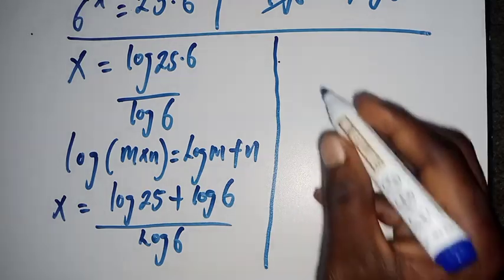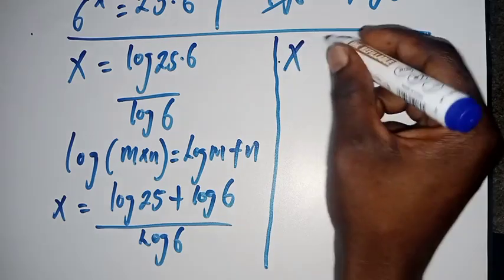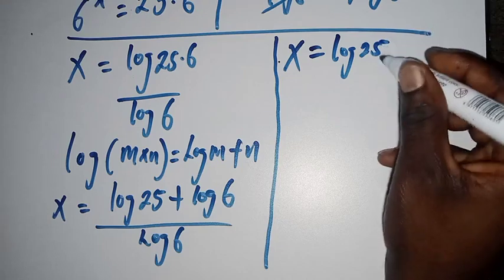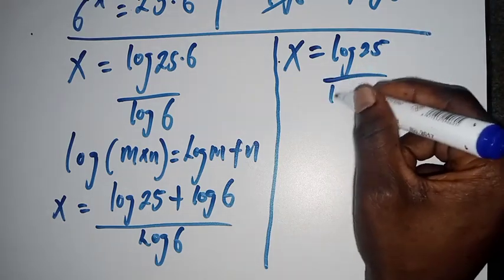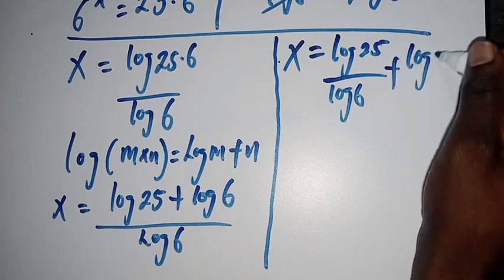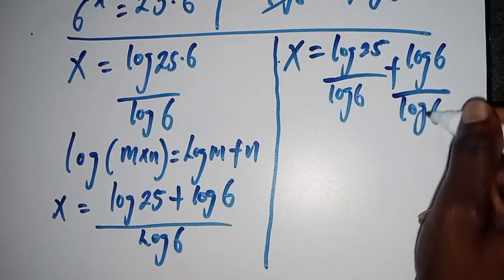Okay, from here we can decide to separate our log. We have x equal to log 25 over log 6 plus log 6 over log 6.